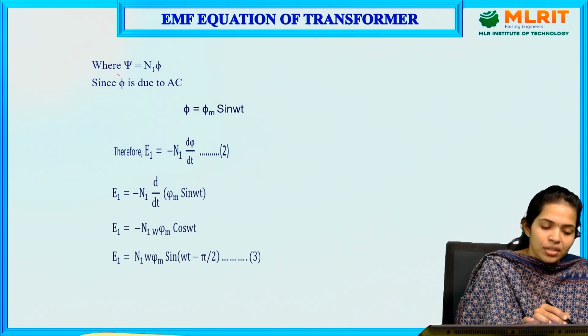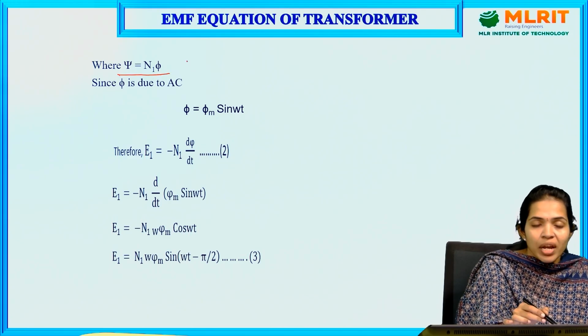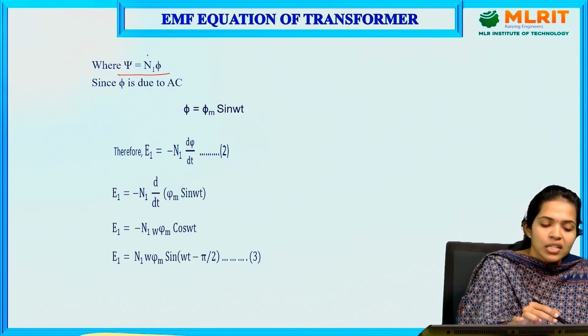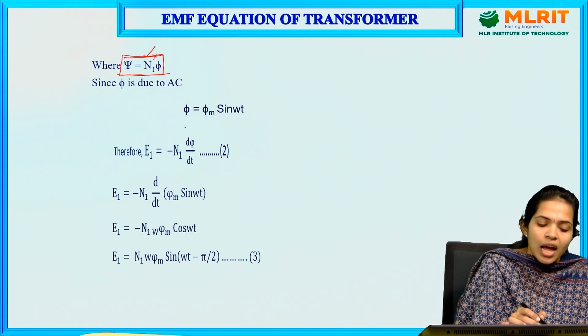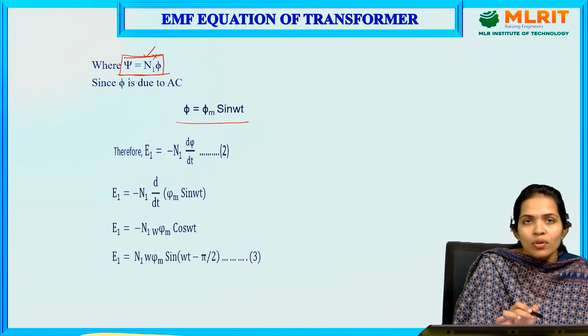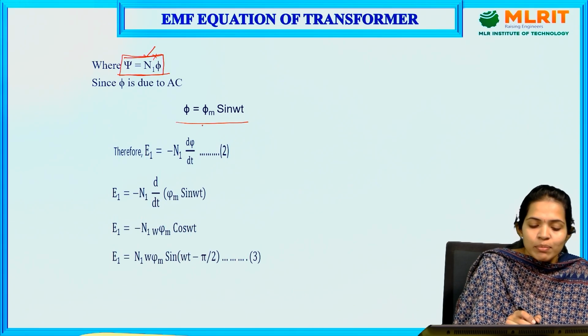Let us consider the flux linkage in the primary winding as the number of turns in the primary winding multiplied by the flux in each turn. So this will be the total flux linkages in the primary winding. And let us consider the instantaneous value of the flux as phi equals phi m sin omega t.